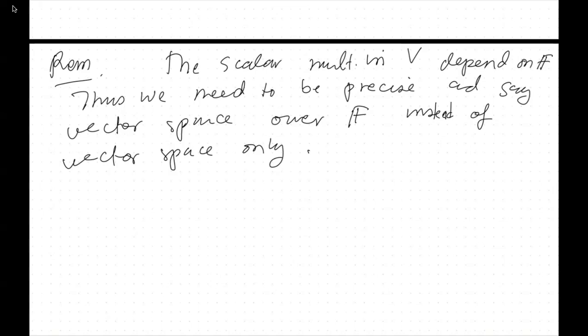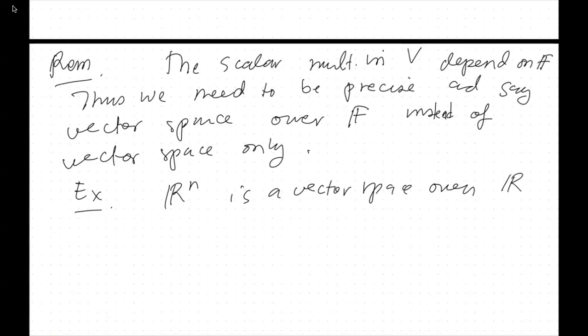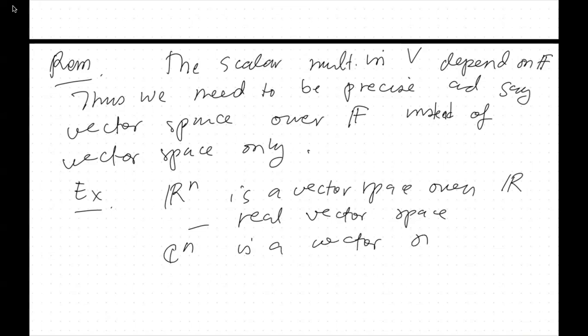Okay. So for example, we have R to the n is a vector space over R, or we call this a real vector space. Then C to the n is a vector space over C, or we call this a complex vector space.